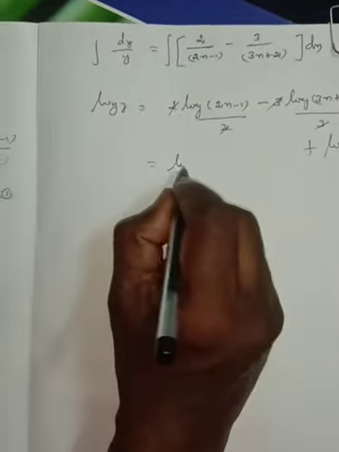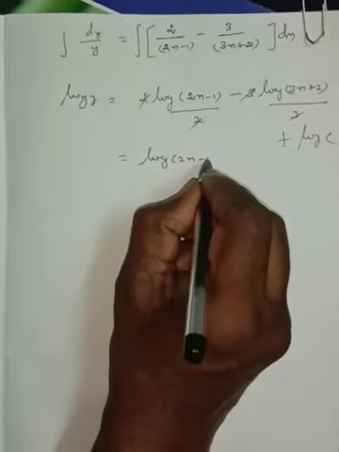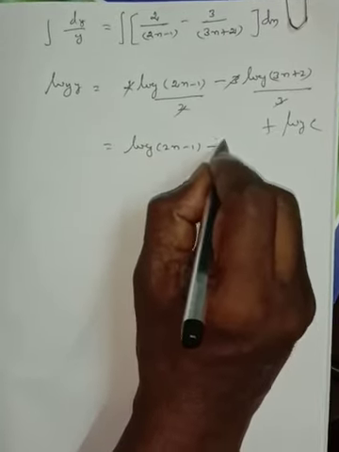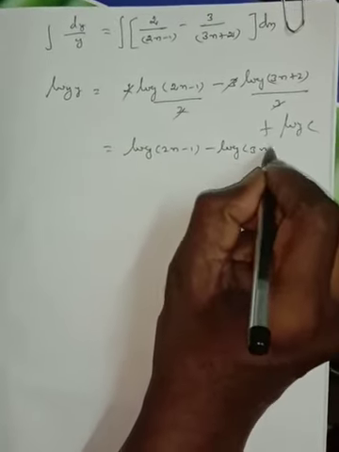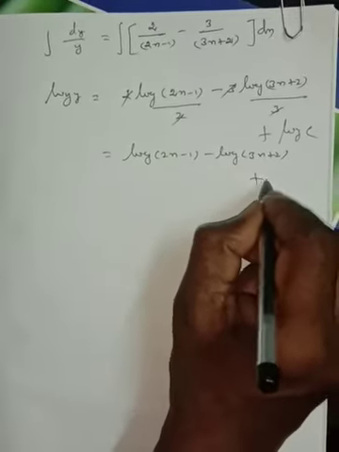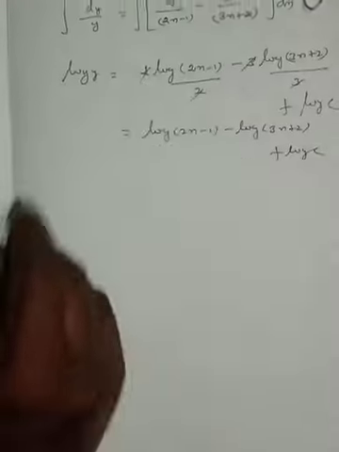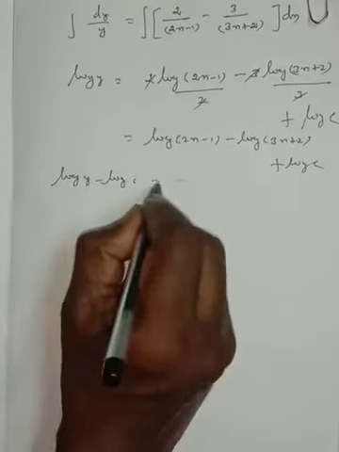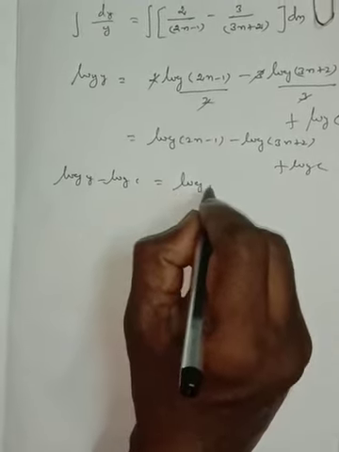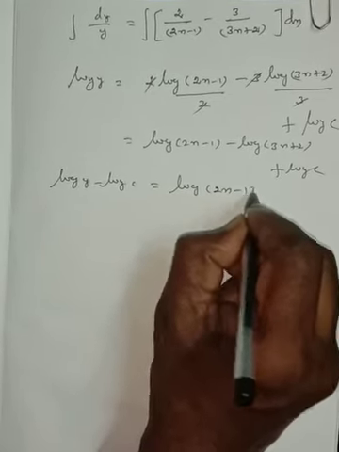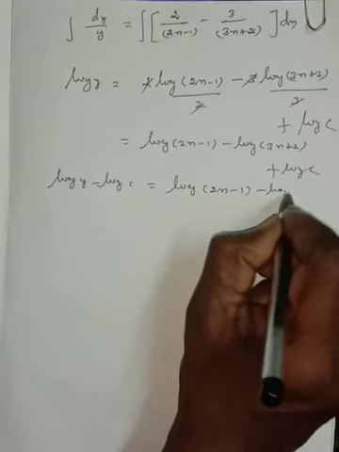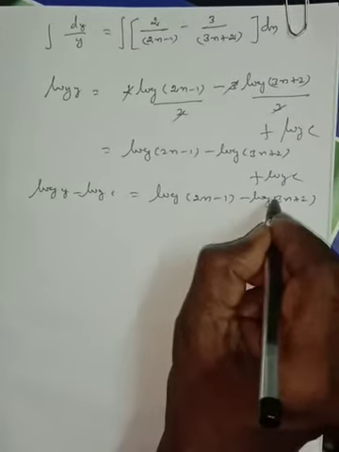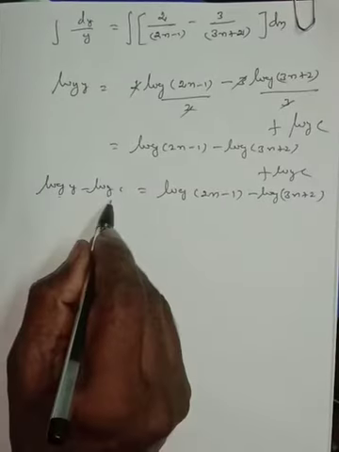Now log y is equal to log (2x minus 1) minus log (3x plus 2) plus log c. So log y minus log c is equal to log (2x minus 1) minus log (3x plus 2). Log a minus log b is log a by b.